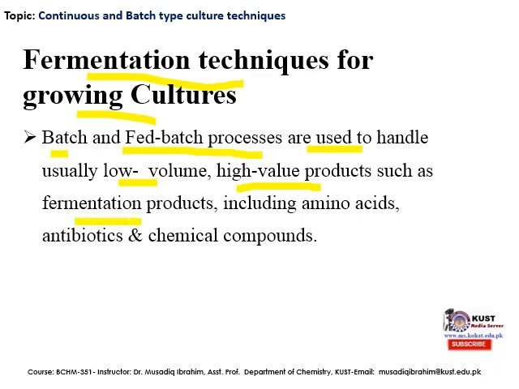So these include amino acids, antibiotics and chemical compounds which are produced as a result of using either batch mode or fed batch mode in the fermentation technology, and the products which are obtained are normally either primary metabolites or secondary metabolites of the microbial cells.